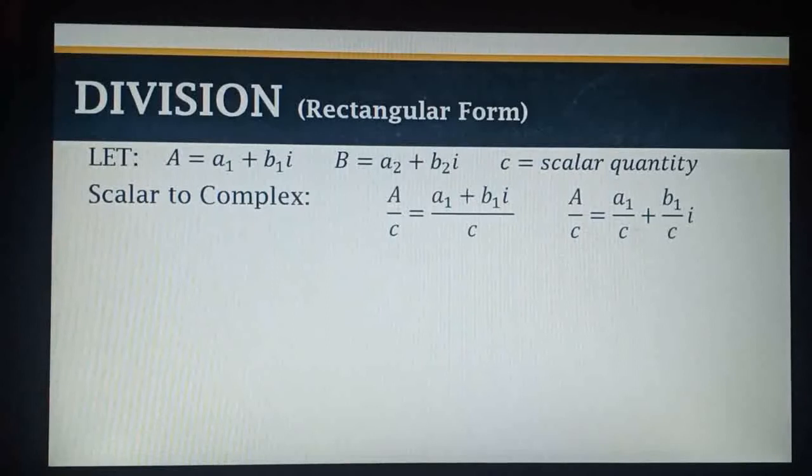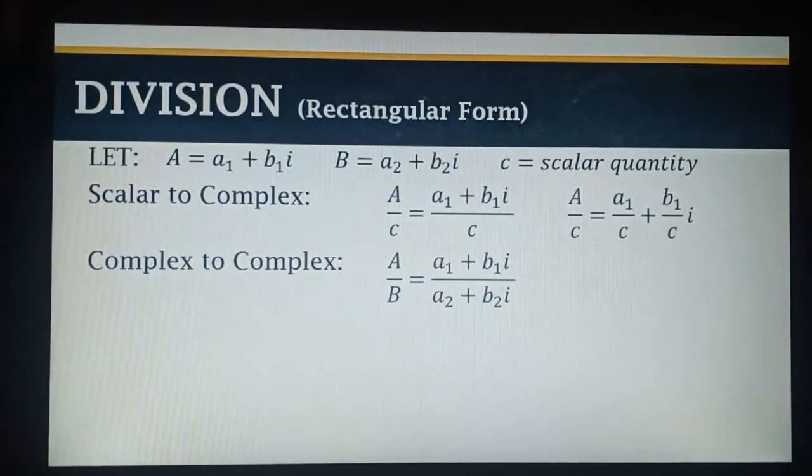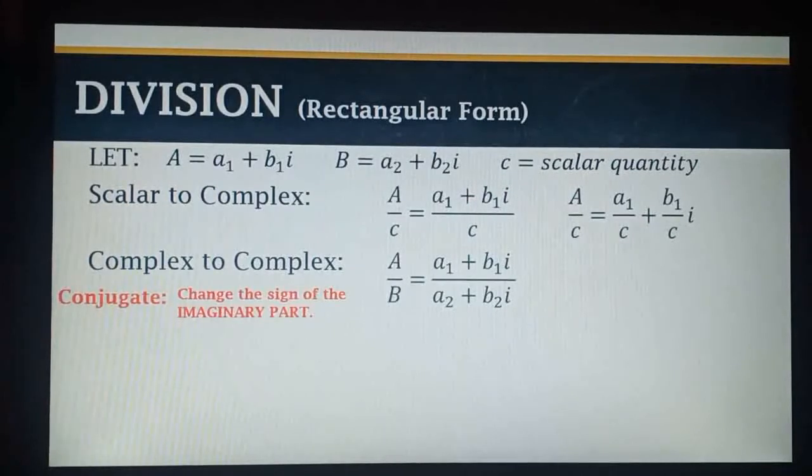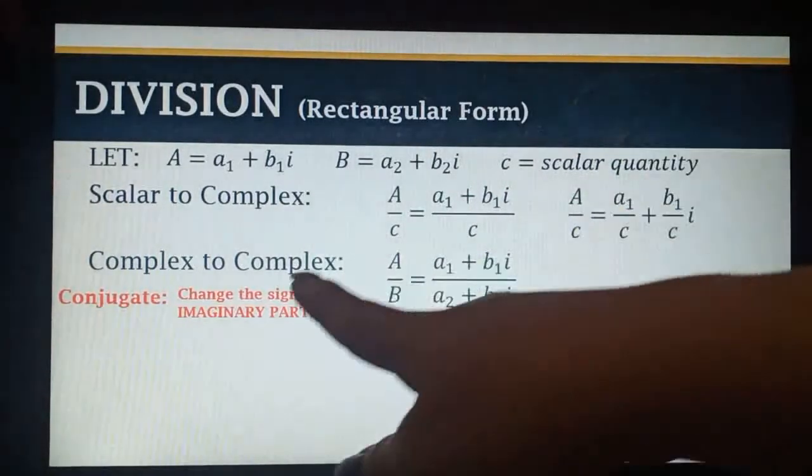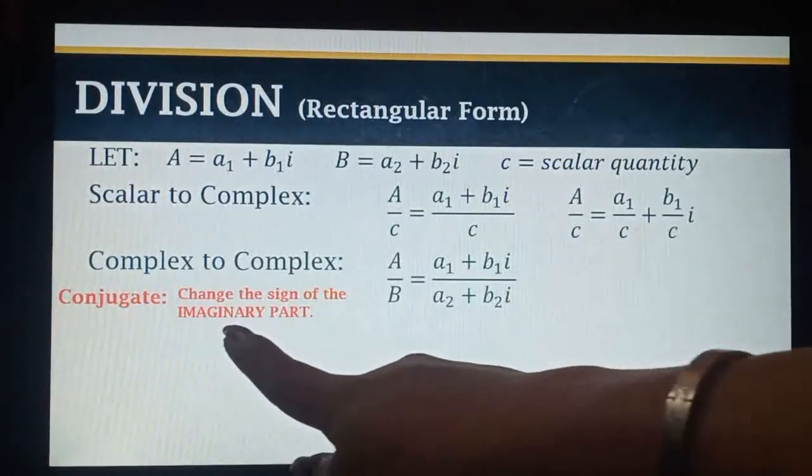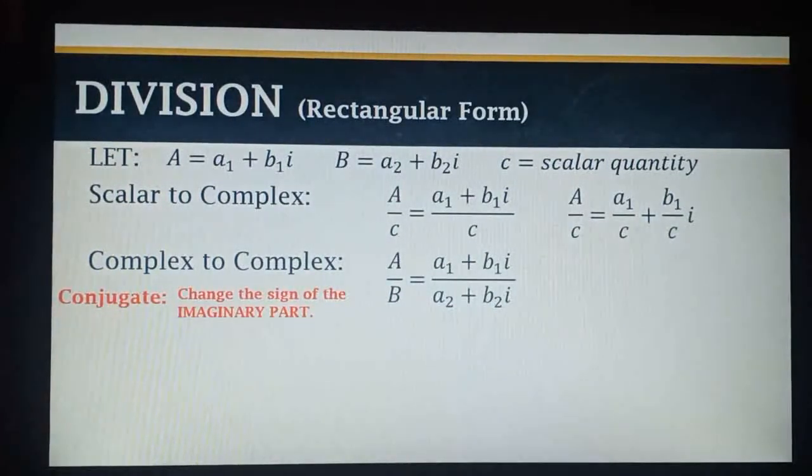But if you will encounter complex divided by complex, let's say you have A over B, you will have A1 plus B1I all over A2 plus B2I. You have to be familiar with the conjugate. When we say conjugate, you have to change the sign of the imaginary part. How will we do that?